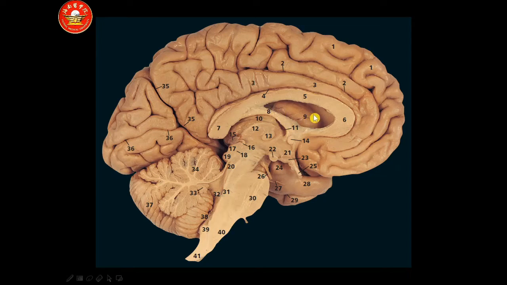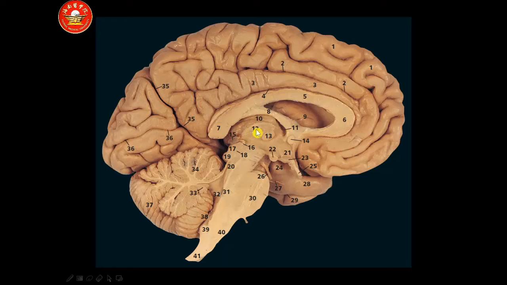Number 9 is the caudate nucleus, actually the head in the wall of the lateral ventricle. Number 10 is the choroid plexus of the third ventricle. Number 11 is the interventricular foramen, also known as the foramen of Monro.